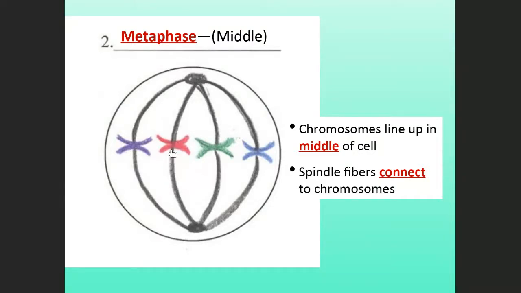On the centromere, these kinetochores are attached from opposite sides, and this is where the spindles are attached. This is the metaphase plate, and the chromosomes line up in the middle of the cell, and spindle fibers connect to the chromosomes. Okay.